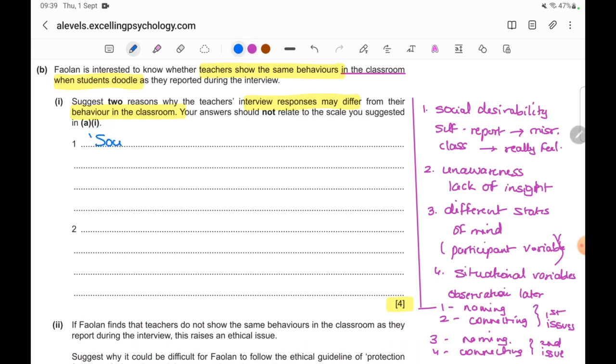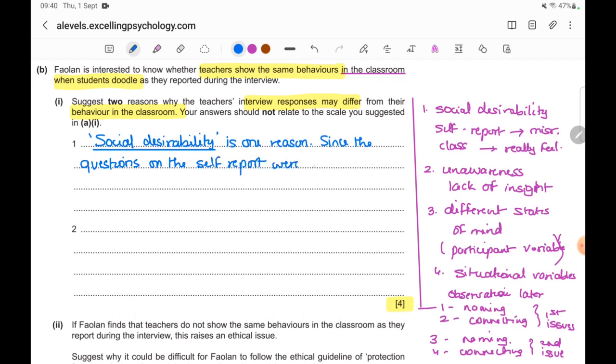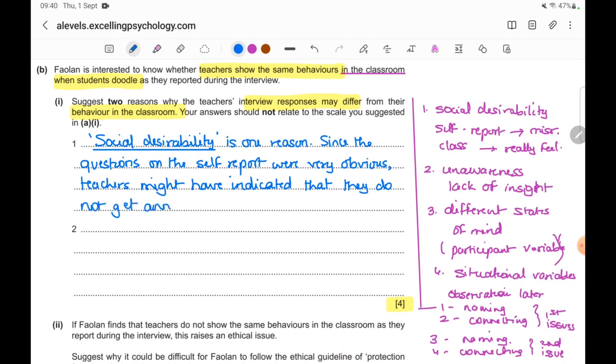Social desirability is one reason. Since the questions on the self-report were very obvious, teachers might have indicated that they do not get annoyed to show they are sporting.